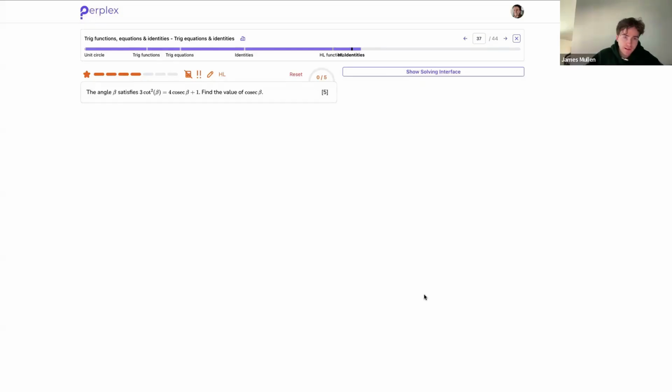So I have 3 cot squared theta is equal to 4 cosecant theta plus 1. And because I have cot squared and cosecant, I'm going to use the identity that says 1 plus cot squared of theta, or in this case beta, is equal to cosecant squared of beta.